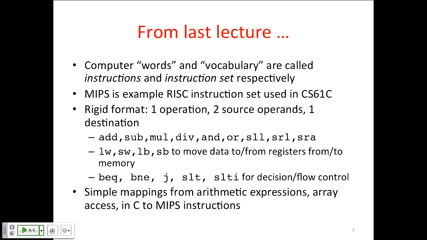It's one of these RISC-style instruction sets, where RISC instruction sets are simple and have a very rigid format, where every operation has one or two operands and writes to one destination. Almost every operation only works on registers, those 32 special fast locations inside the processor in the case of MIPS. The only instructions that talk to the memory are separate load and store instructions that read values from memory and put them into a register, or vice versa.